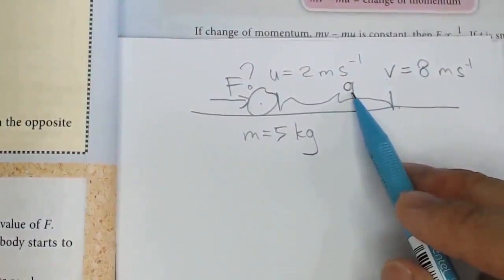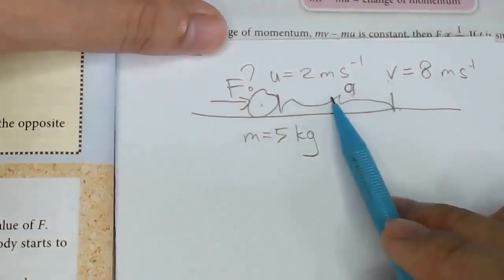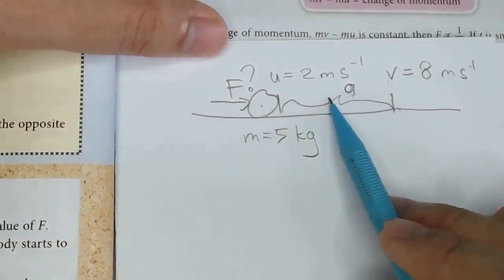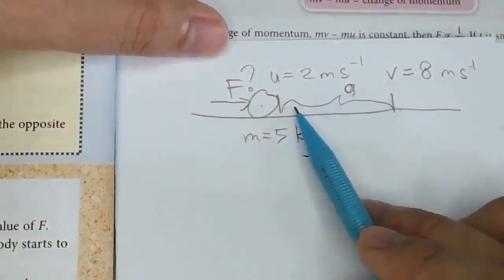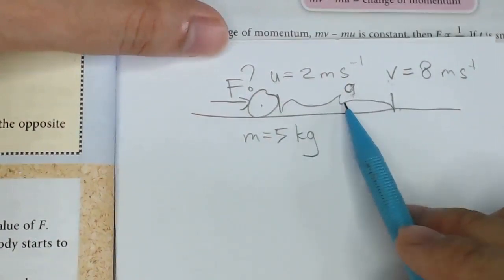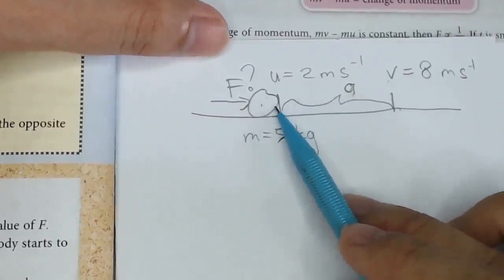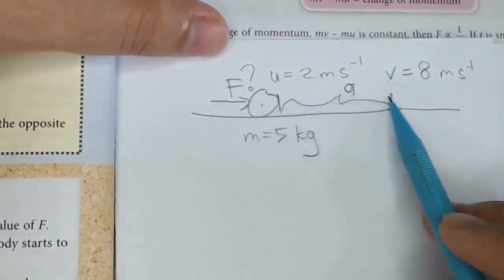If the body accelerates uniformly from, determine the value of F, uniformly from, uniformly. Wait, we are kind of missing something. You know what that is? Aren't we missing something here? It is the time taken from this point to this point.